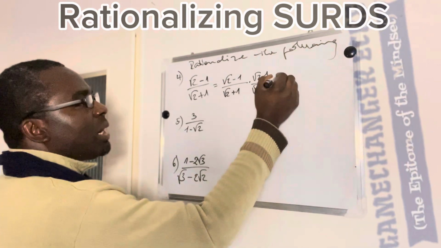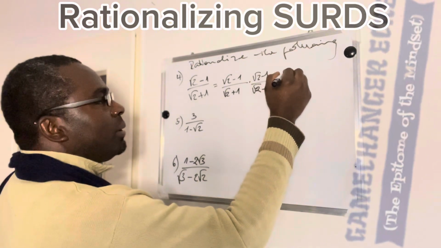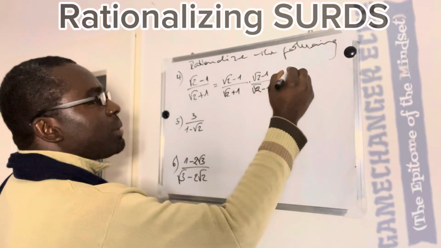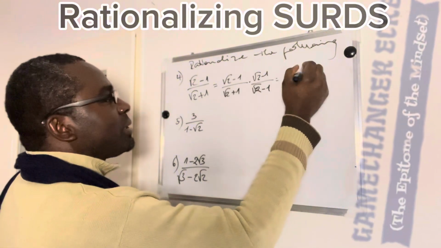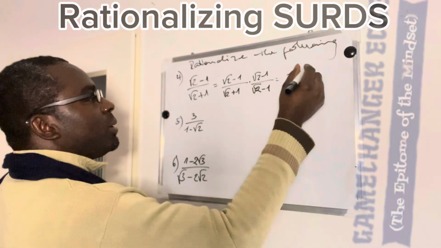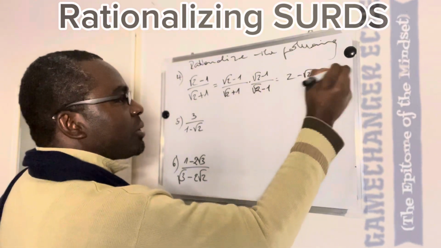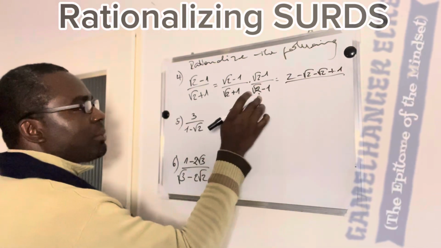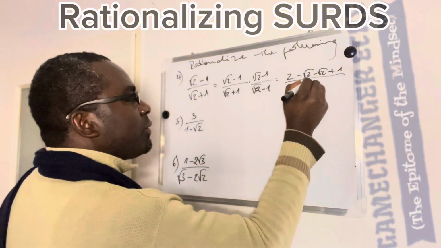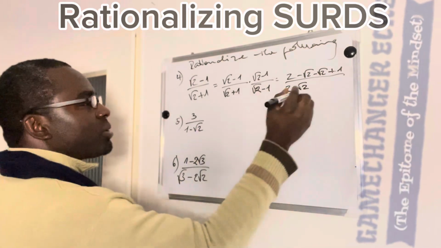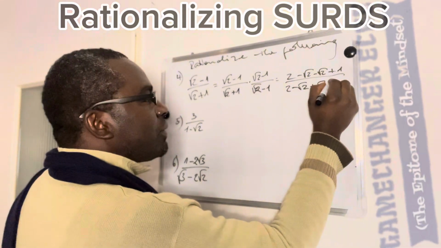So in this case, root 2 times root 2 is 2. Then root 2 times minus 1 is minus root 2. Root 2 times minus 1 is still minus root 2. And then minus 1 times minus 1 is plus 1. Divided by root 2 times root 2, which is 2. Root 2 times minus 1 gives you minus root 2. Root 2 times plus 1 gives you plus root 2. And then minus 1 times 1 gives you minus 1.